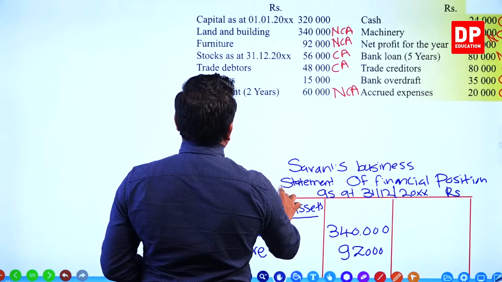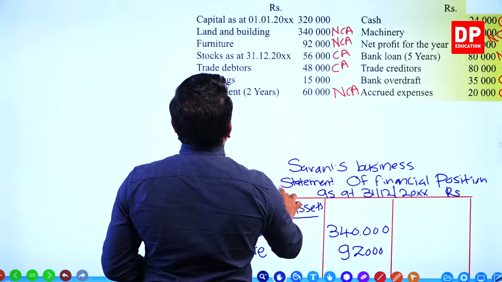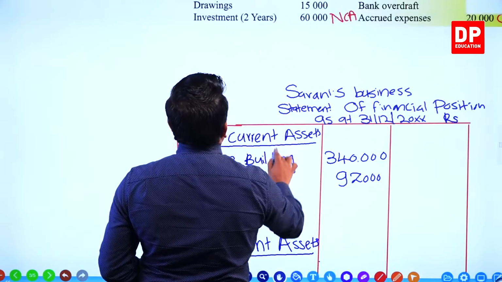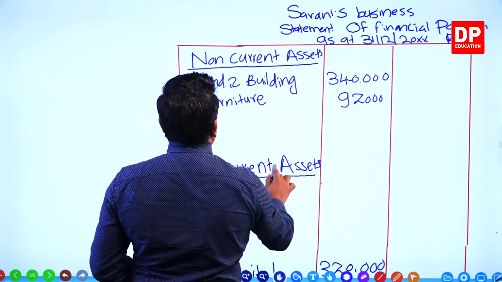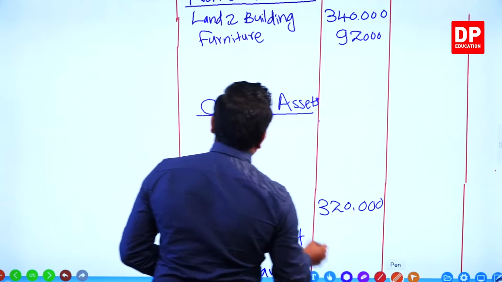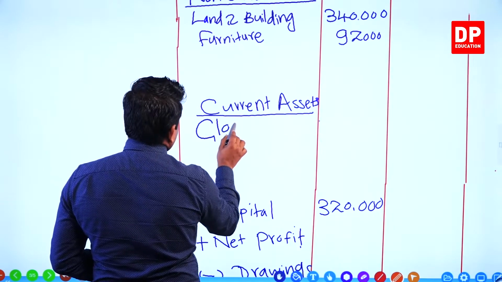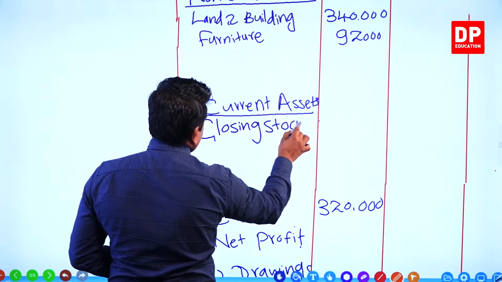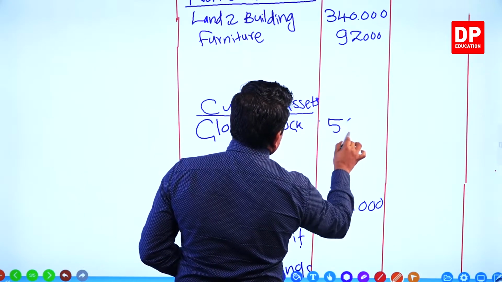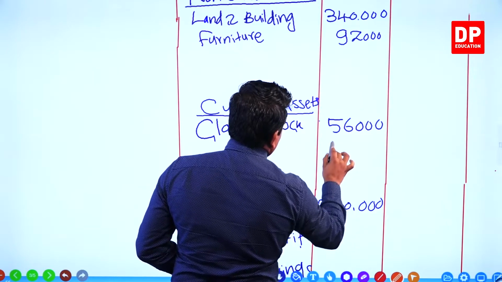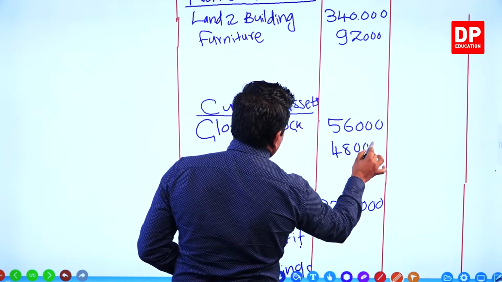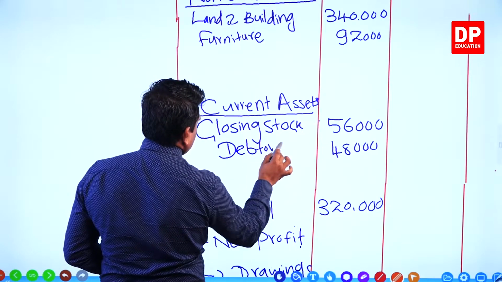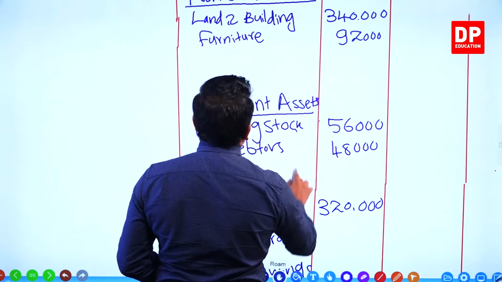Stocks as at 31st means closing stock 56,000, debtors 48,000. Right? 56,000, 48,000. What is 48,000? Debtors. Now, next details.